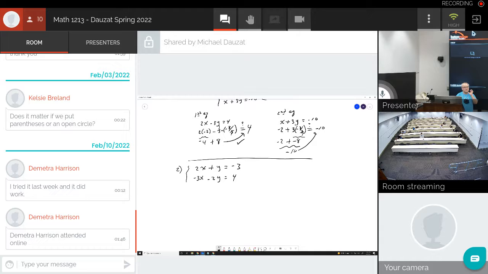No. Why can't I? Now, I can add them, but is that going to help me? No, the whole idea of adding them is to do what? When I add them, what do I want to happen? One of the variables has to be eliminated. And when I add them, that's not true. What's 2x and a negative 3x? Negative x, right? What's y and a negative 2y? Negative y. No variables were eliminated.